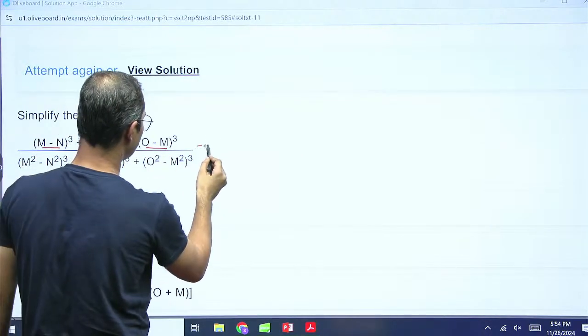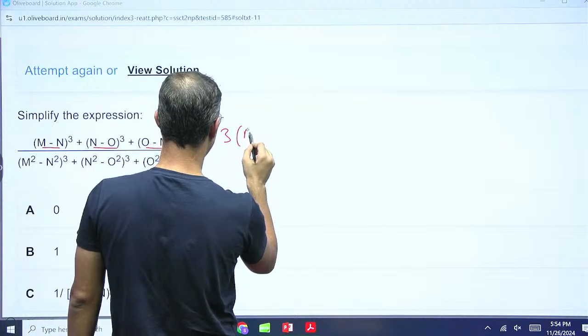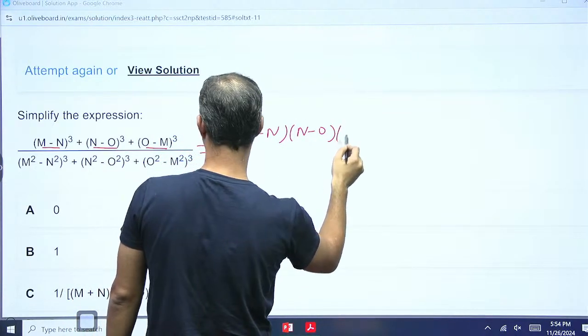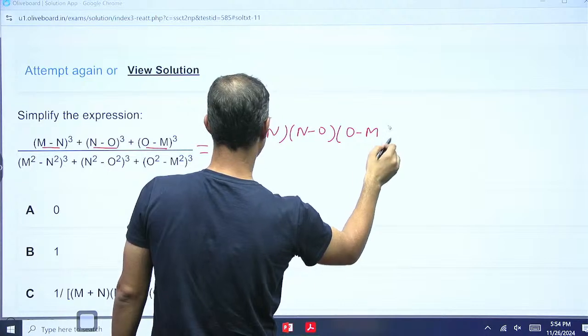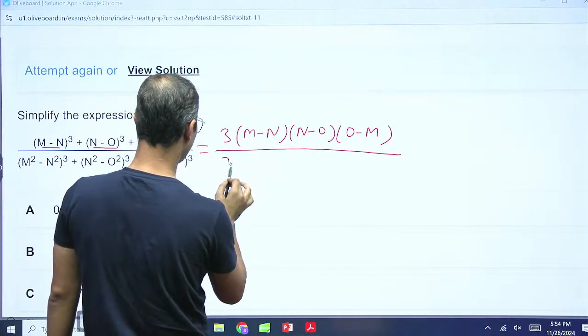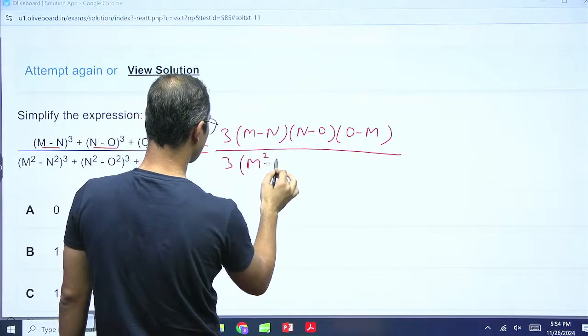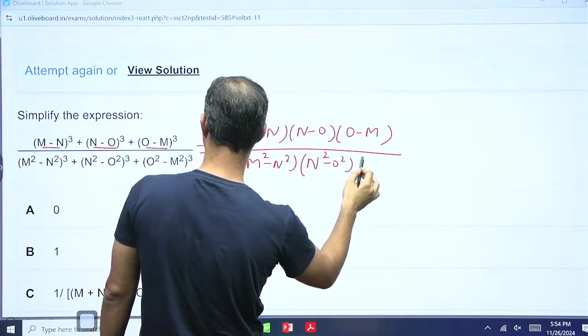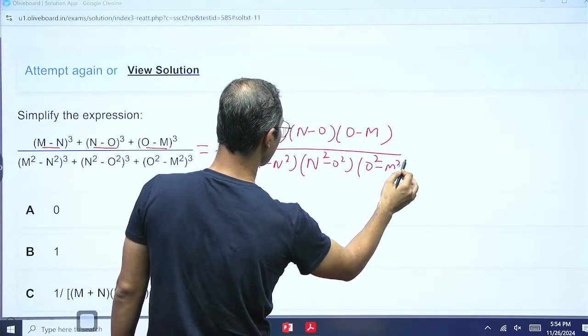So we can say that this is equal to 3 bracket M minus N, bracket N minus O, bracket O minus M, right? In denominator we will get 3 bracket M square minus N square, bracket N square minus O square, bracket O square minus M square, right?